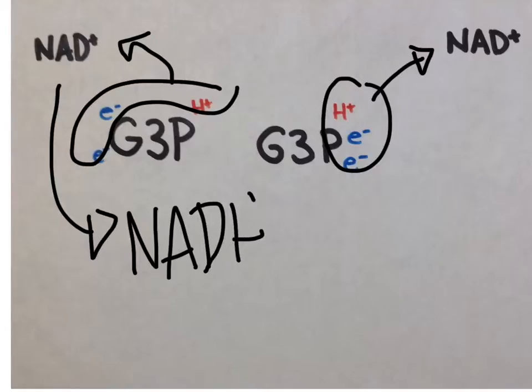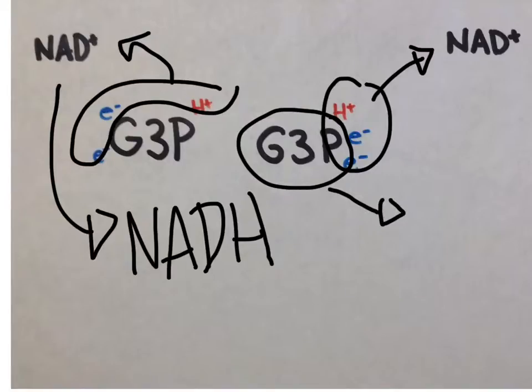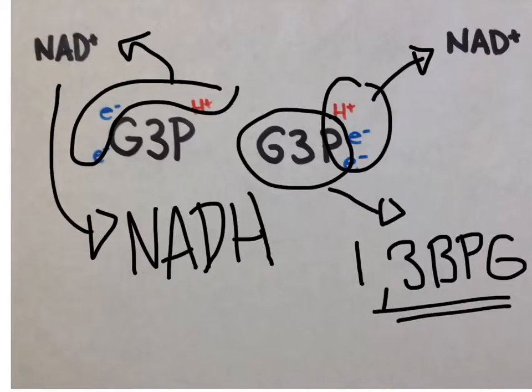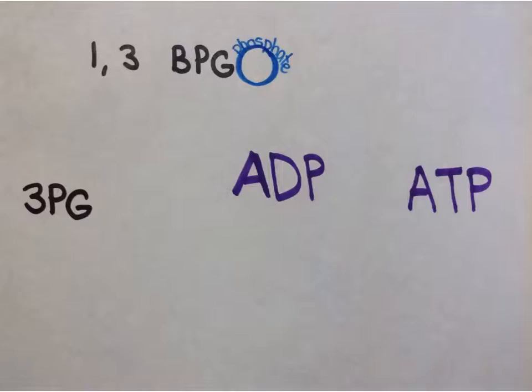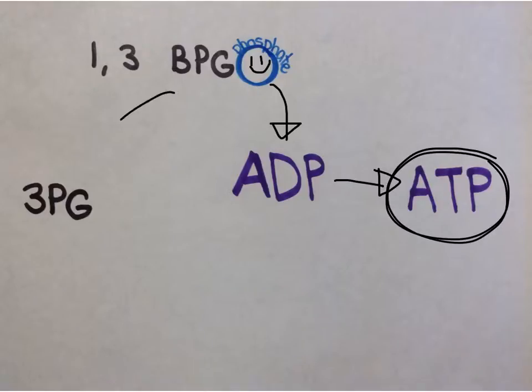While this happens, G3P joins with inorganic phosphate to form unstable 1,3-bisphosphoglycerate, also known as 1,3-BPG. 1,3-BPG gives a phosphate group to ADP, creating ATP and 3-phosphoglycerate, also known as 3PG.